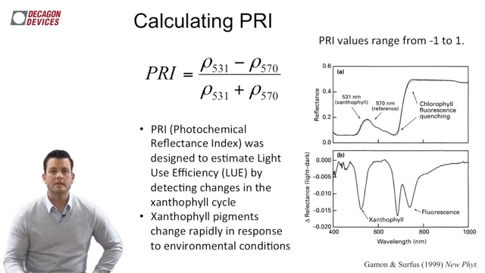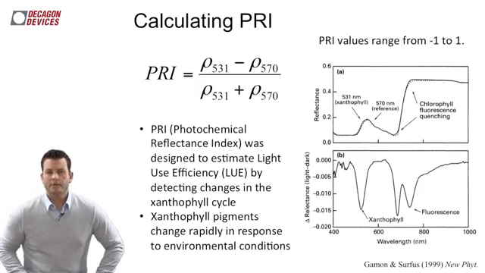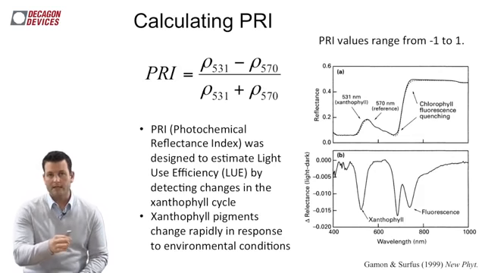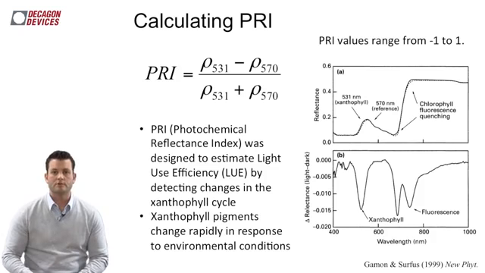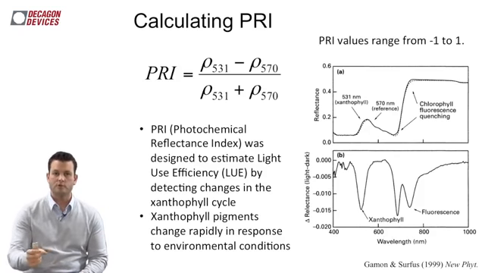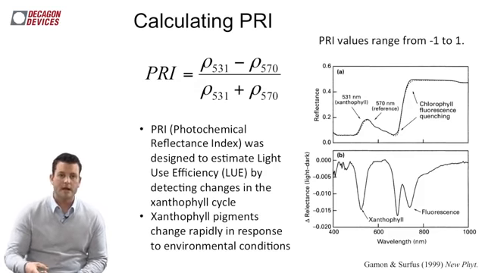And so you can see that in the figure that's plotted here, a couple of different reflectance spectra that were collected in relatively quick succession. And then by calculating the difference between those two spectra, we see a few peaks, areas where the differences were largest. You see that one of them, right around 531 nanometers, could be traced back to xanthophyll cycle activity.